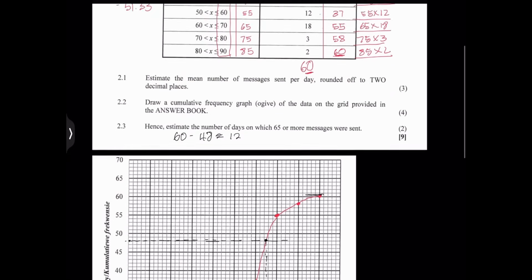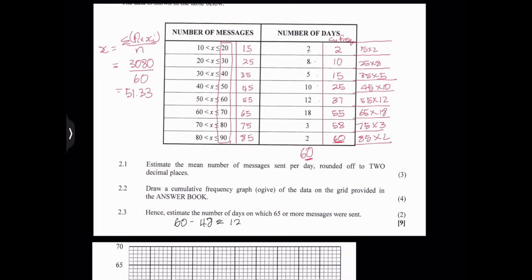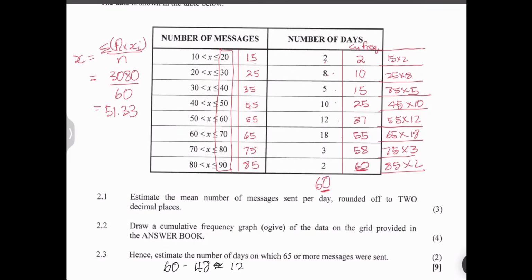But if you also want to make another estimation, and by the way, we did say that they do give a leeway here. So what I would have done is look at the data there on the table and ask, what is 65 and above? Remember, 65 is between 60 and 70.